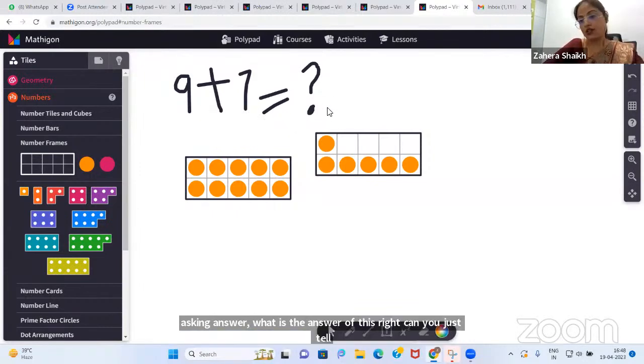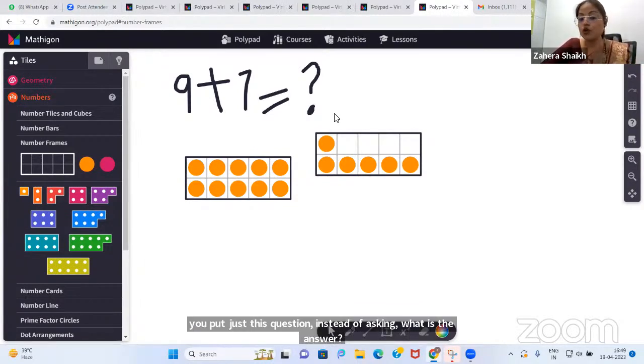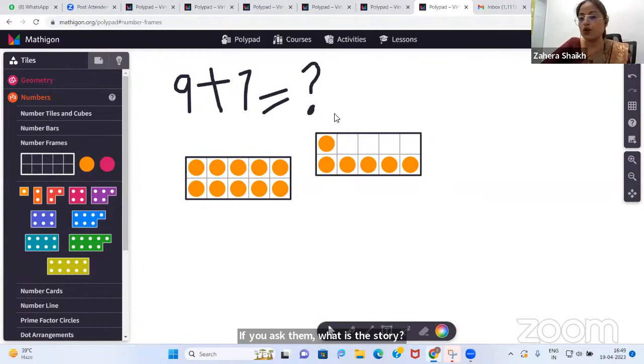But for small children, especially for pre-primary and grade 1-2 teachers, instead of asking what is the answer, if you ask them what is the story, they start thinking of a number of objects for these abstract numbers, right?